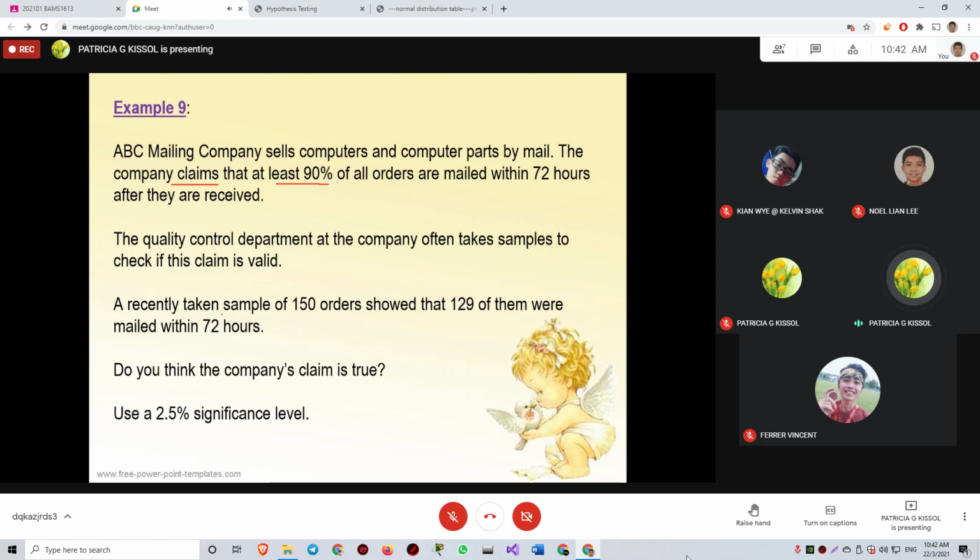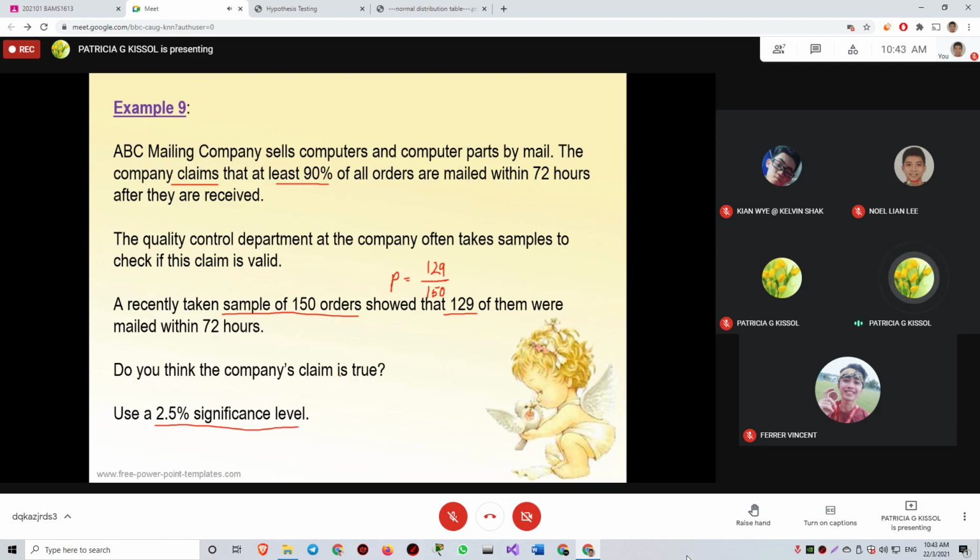The sample is 150 orders, and 129 are mailed within 72 hours. So you see, this would be your p. Your n is 150 and 129 are meeting the requirement that they are mailed. Do you think the company's claim is true? And we use a 2.5% significance level. So what do you think?